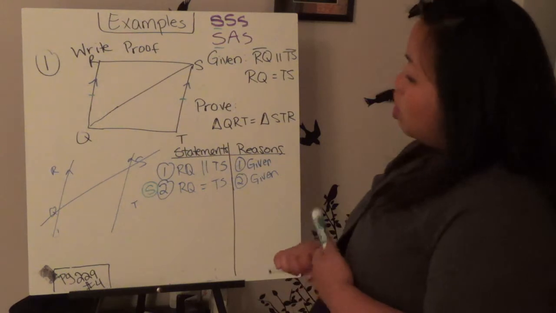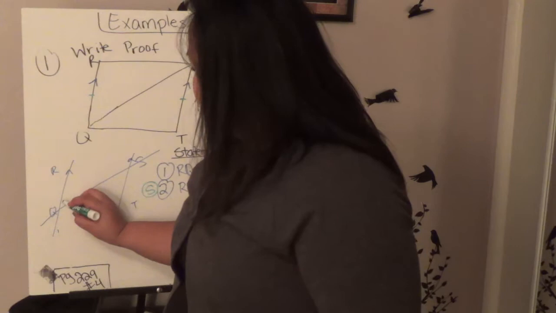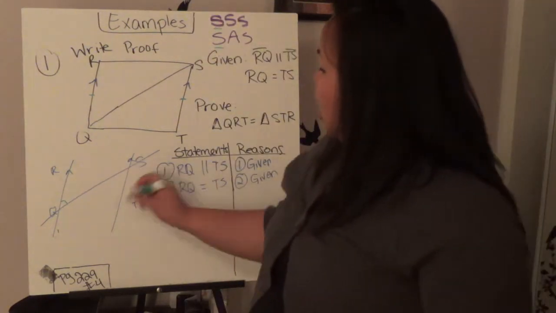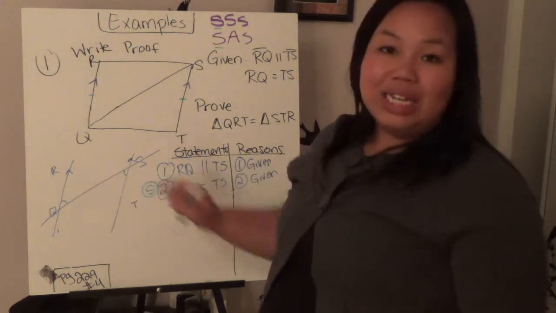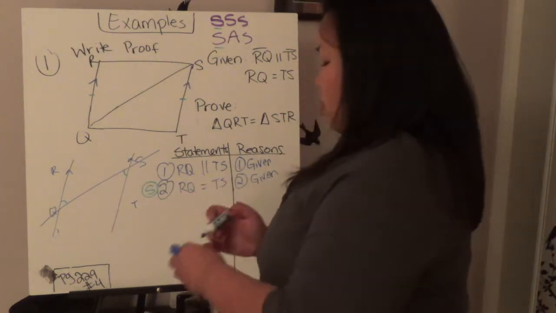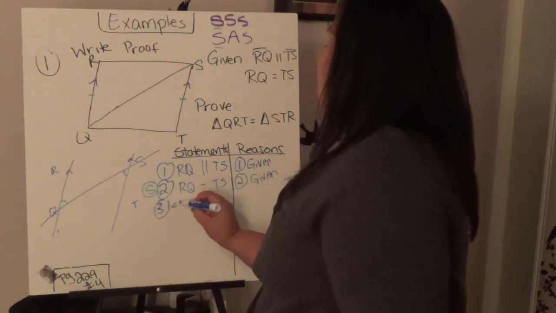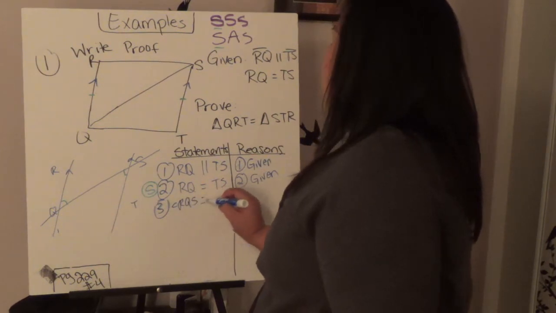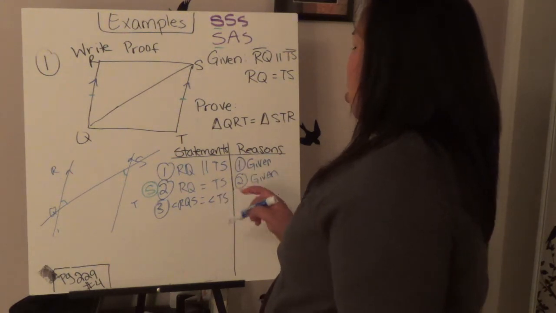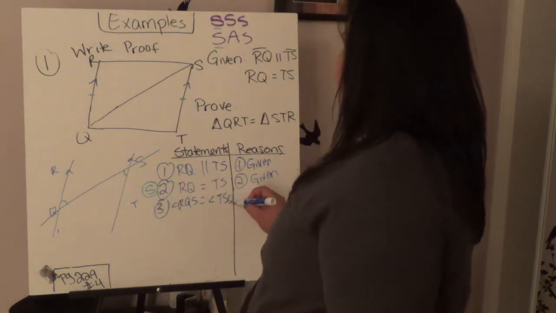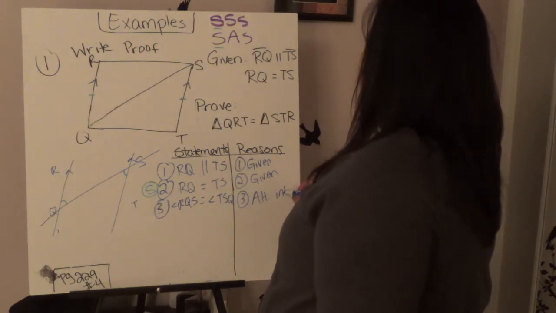Because these lines are parallel, we know that this angle, RQS, is equal to this angle, TSQ. Remember, this is called alternate interior angles. So we know here that angle RQS equals angle TSQ because of alternate interior angles.